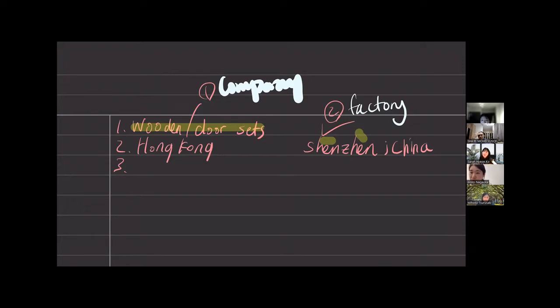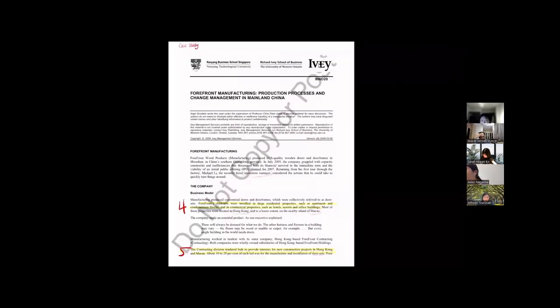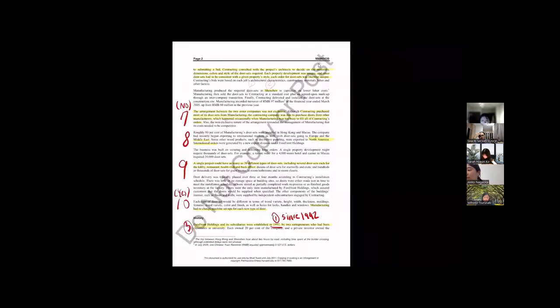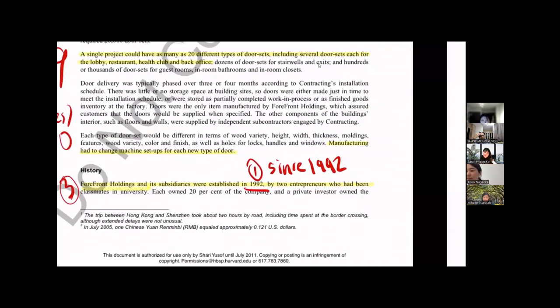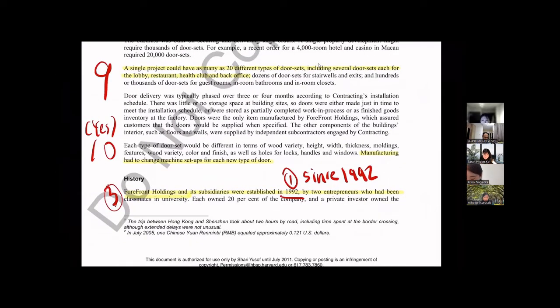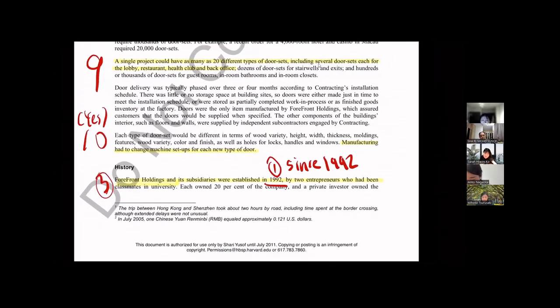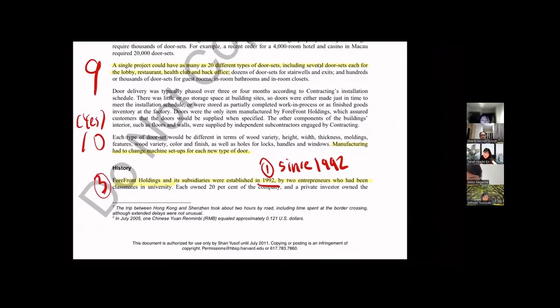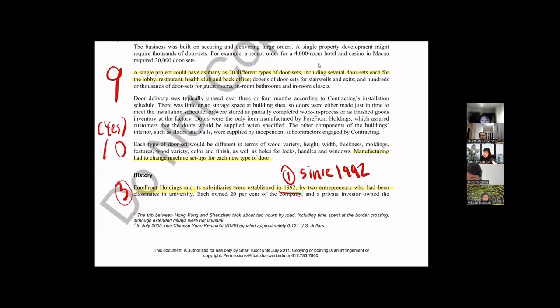Okay. And the third question was, how is the company's structure organized? You can see page 2, the last paragraph. We think that Forefront Holdings and its subsidiaries were established in 1992 by 2 entrepreneurs. Can you draw the structure?